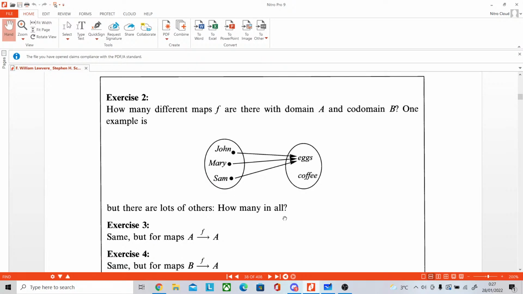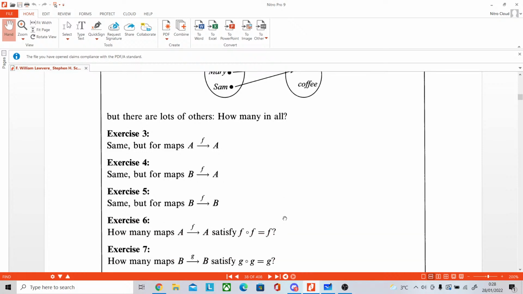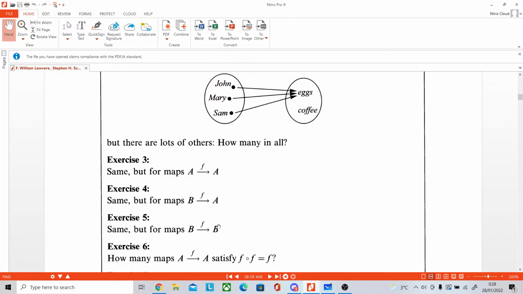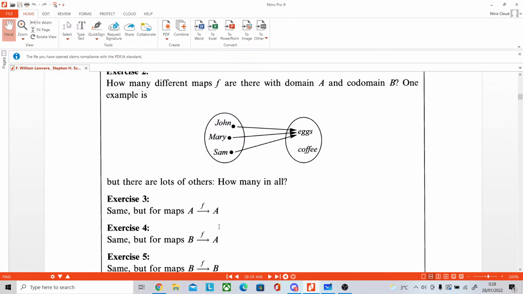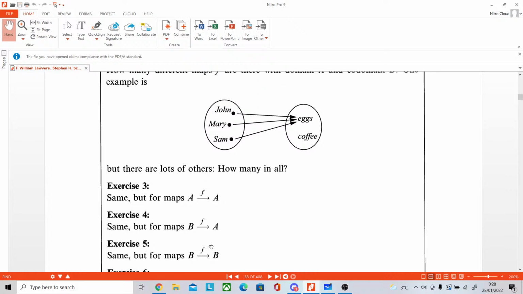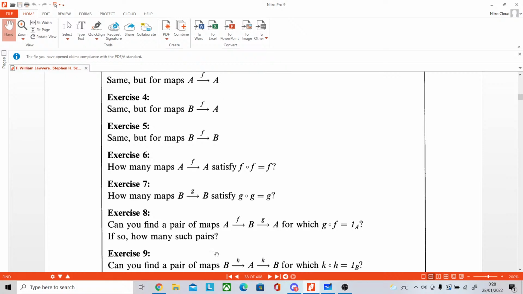So let's see exercise 3, same but for maps A into A, B into A, B into B. Well, we know how to do it already. So let's just skip through all of these because we already have a general formula for that.